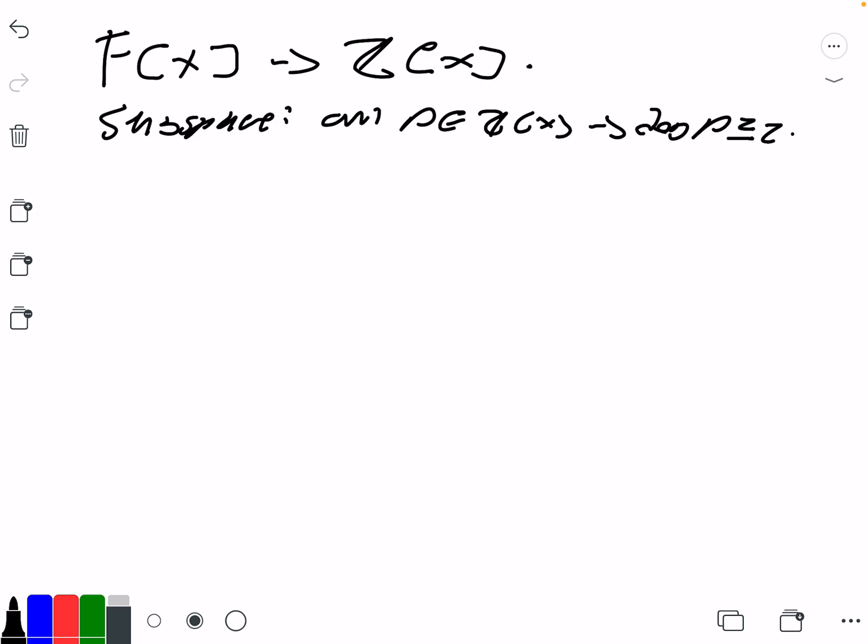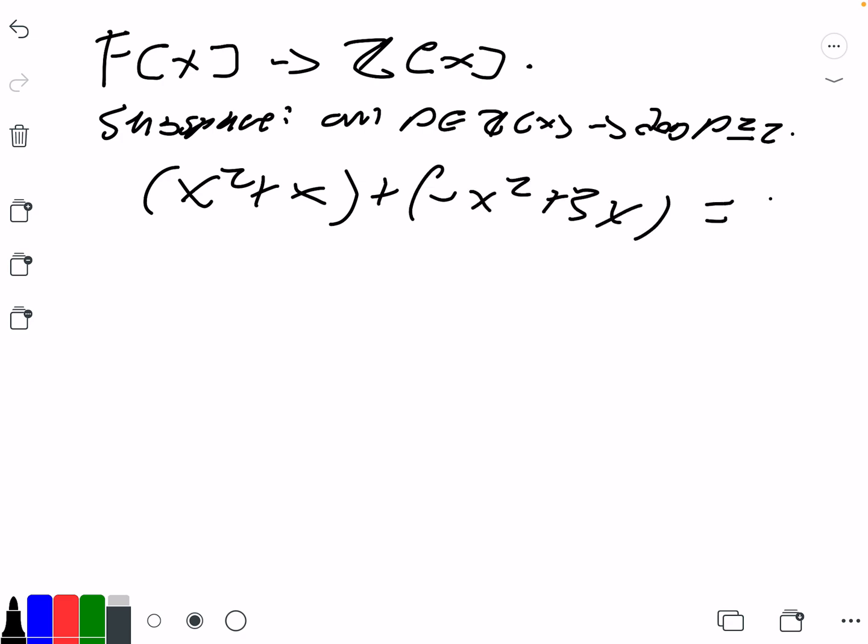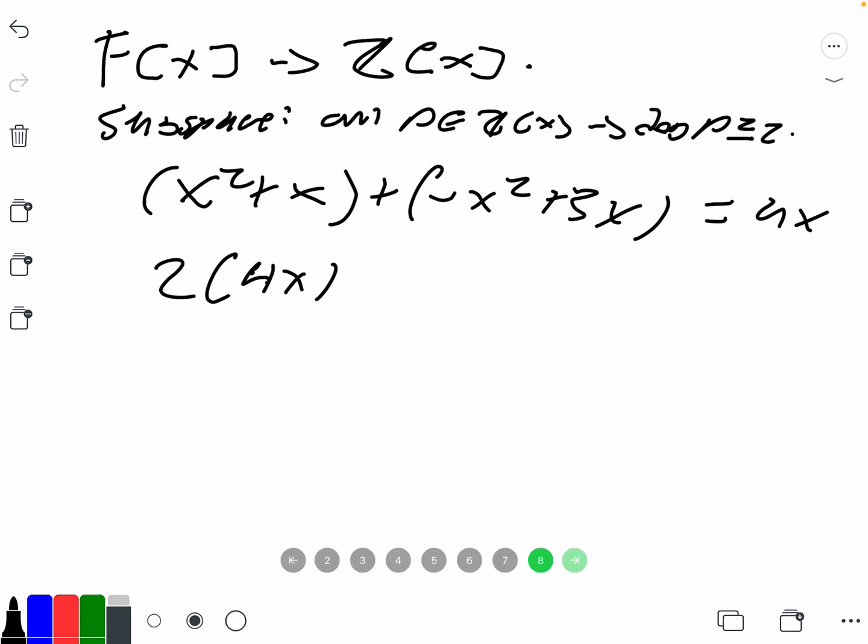So we can check addition. x squared plus x plus, say, minus x squared plus 3x equals 4x. And this also has a degree less than or equal to 2, so we're good. And we can multiply 4x by 2, and we get 8x. And this is also a polynomial with degree less than or equal to 2.